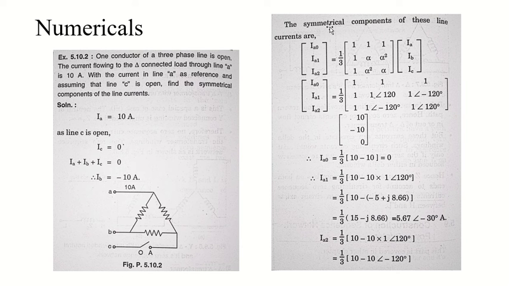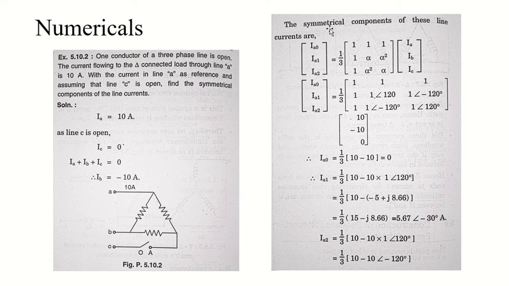Now remember, I've told you that alpha is a complex variable, and it represents the magnitude and the phase difference between two phases. So alpha is 120 degrees, and alpha square is 240 degrees or minus 120 degrees.